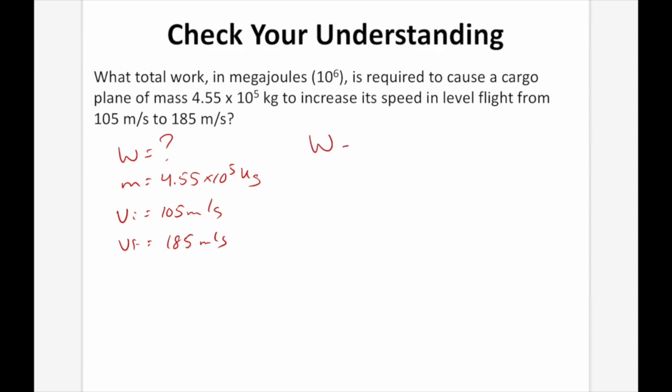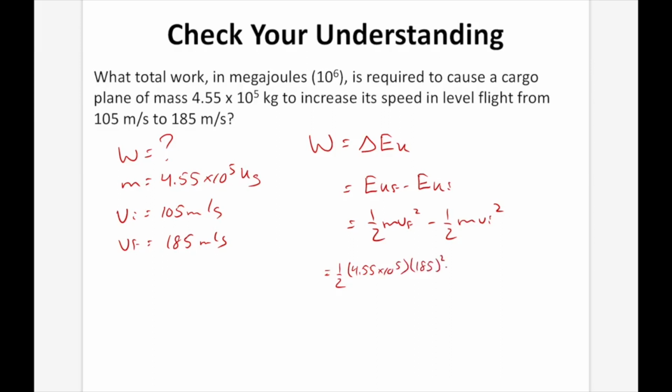Now our work energy theorem says that work is going to equal the change in EK, which equals EKF minus EKI, which equals 1/2 mvf squared minus 1/2 mvi squared. Now we put some numbers in, we get 1/2 times 4.55 times 10 to the 5 times 185 squared minus 1/2 times 4.55 times 10 to the 5 times 105 squared.